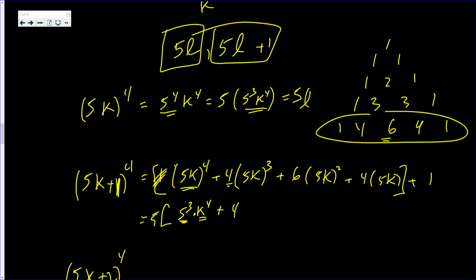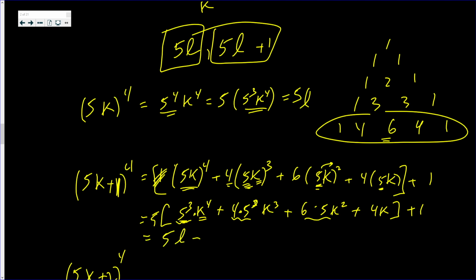Plus 4, I bring out one of the 3 5s, so I have 5 squared, times k cubed. Plus here, I have the 6, I brought out one of the 5s, so I have one left, k squared. You want to write this as 100, and this is 30, and this is 125, fine. I factored out the 5, I'm left with 4k plus 1. This is of the form 5l plus 1, which is what I said it might be in.